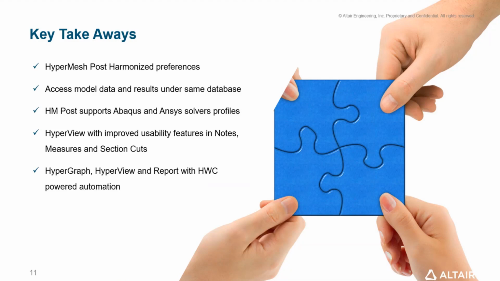We now officially support Abaqus and ANSYS solver profiles. HyperView has improved some of the usability features in nodes, measures, and section cuts. And eventually, we have powered the automation in HyperGraph, HyperView, and Report with the new HWC content.